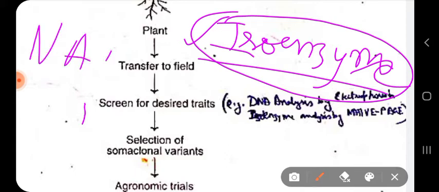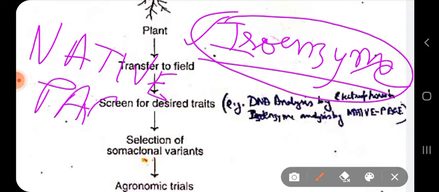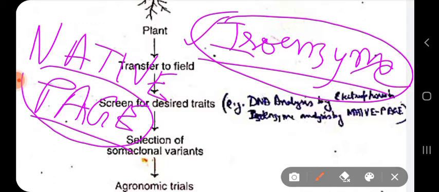In native PAGE, we use the gel apparatus and make a gel with the help of agarose, and we also use certain other chemicals as well.